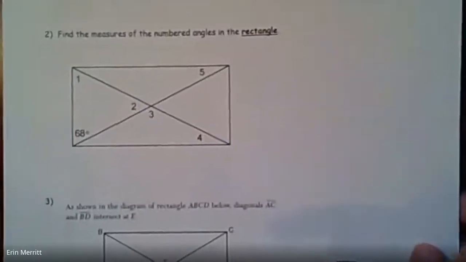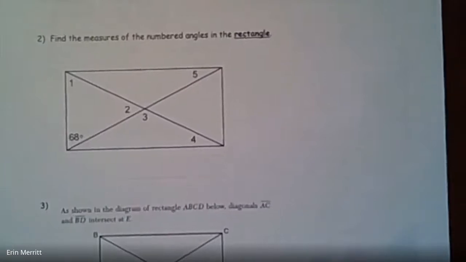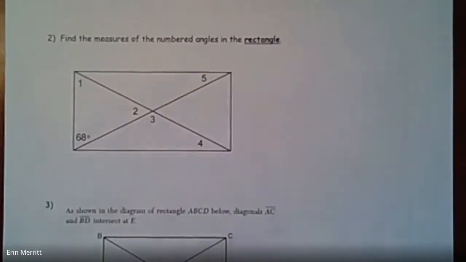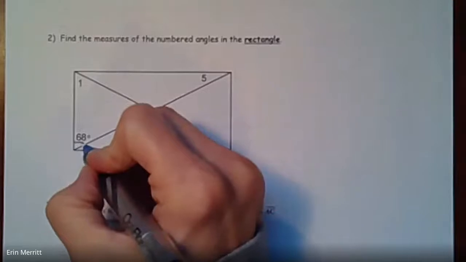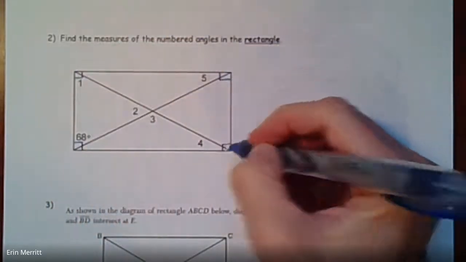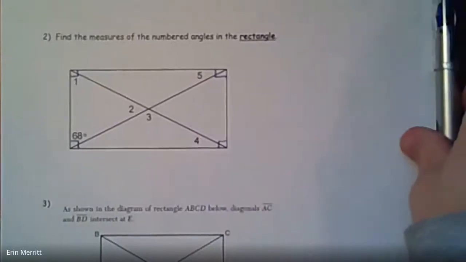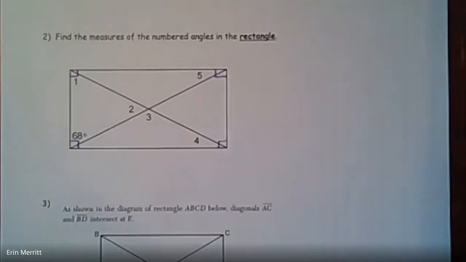Number 2, find the measures of the numbered angles. Okay, well, we saw questions like this yesterday with parallelograms, sort of the same idea, except for this time, we know the 4 corners are 90, so it's a little bit more specific. But we can still use alternate interior angles and so on to work in our benefit here.